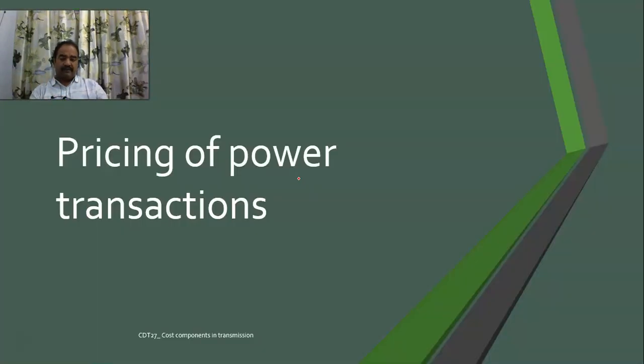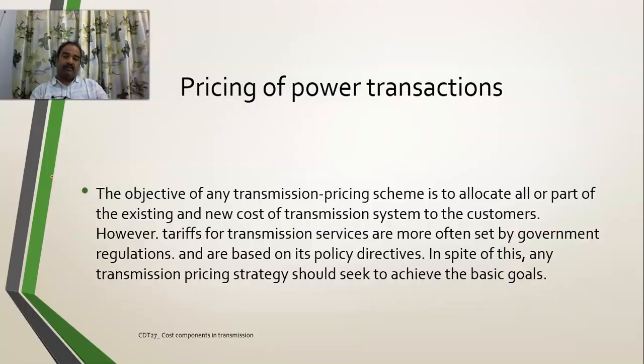So having said this, we have seen four different types of cost. One is the operation cost, next comes opportunity cost, next comes the reinforcement cost, and lastly existing cost. And coming to the end, we'll be discussing the pricing of power transactions, how power transactions should be priced.